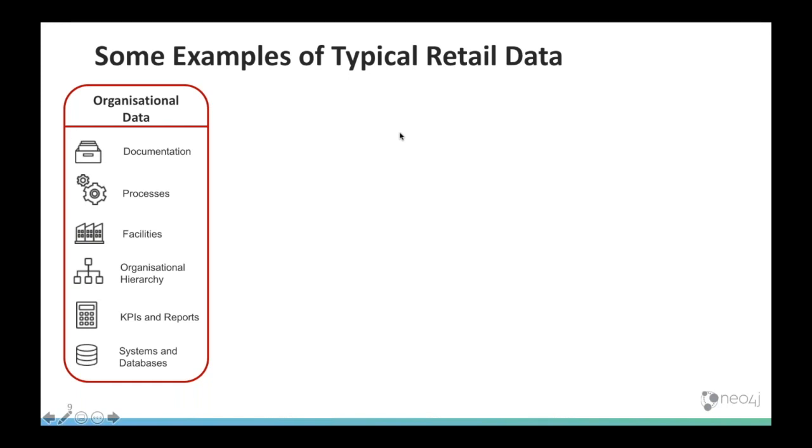Maybe these are warehouses, maybe they're factories, maybe they're retail stores, the places where your business operates. You have organizational hierarchy and information about the people that work for you and the departments and how those are structured. KPIs and reports, obviously, this is the information you use to drive your business and make important business decisions. And then you have systems and databases, so your IT architecture, and where things live, where data might live.